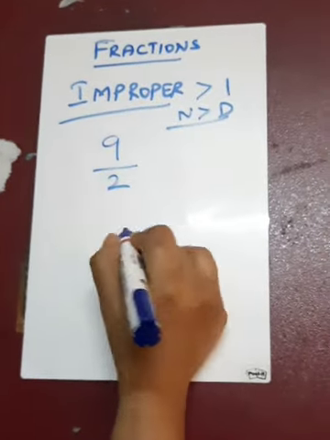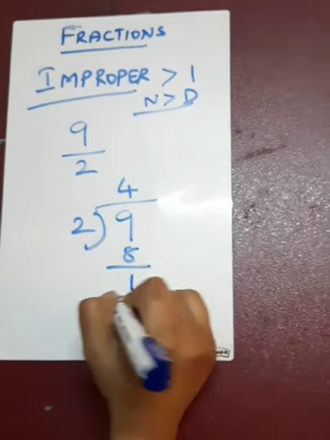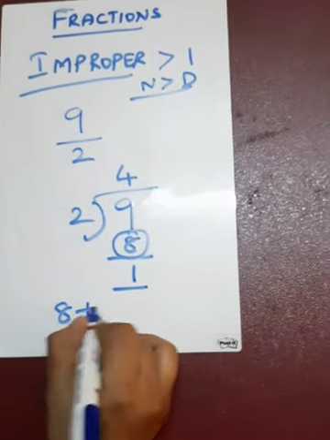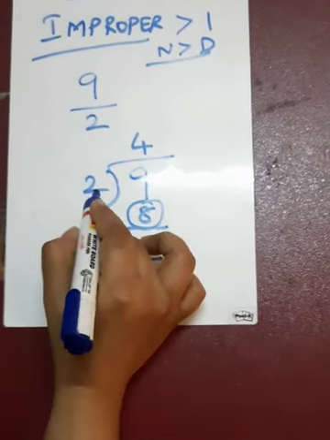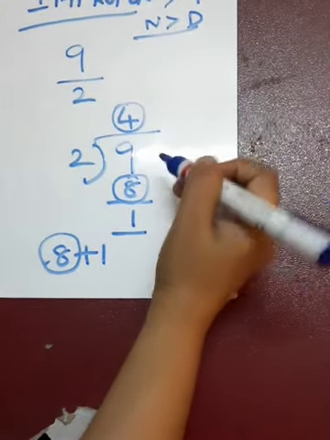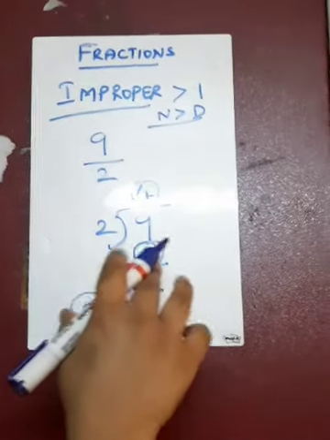So how will you divide this? 2 4s are 8, then the remainder is 1. So this 9 can be represented as 8 plus 1. So 8 is perfectly divisible by 2. That is where you are getting the whole number part. The remainder is 1. So in this case 9 by 2 is an improper fraction.